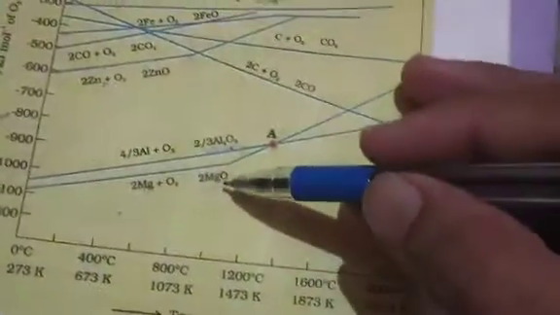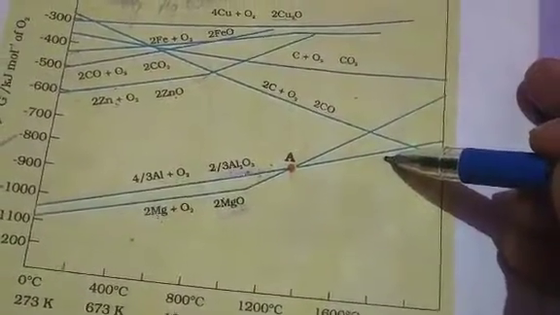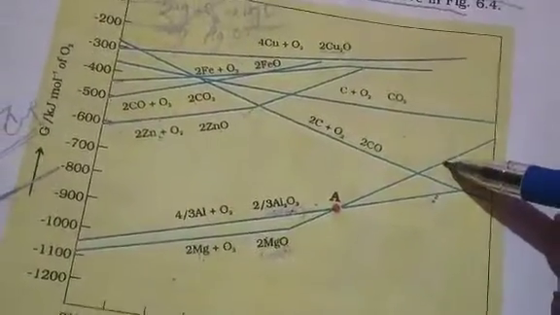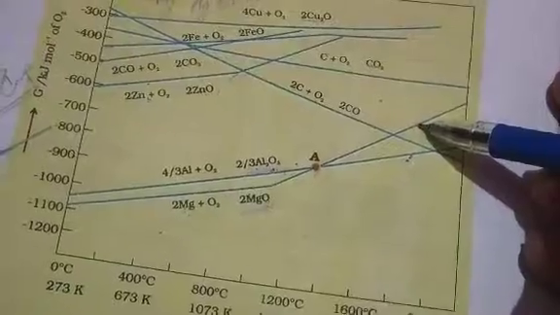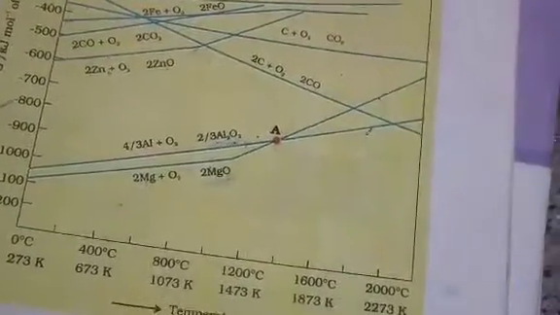Why? Because now the reducing agent I have chosen will be lower in the curve. So that curve can reduce the metal oxide which is placed above it. That is what the Ellingham diagram is saying.